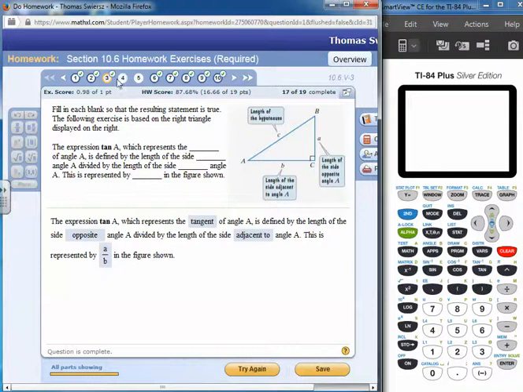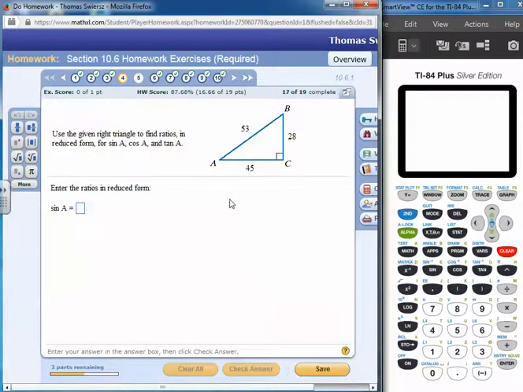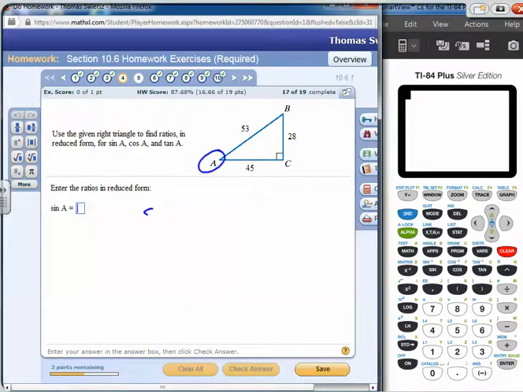All right, let's look at number 4. Use the given right triangle to find the ratios in reduced form. Sine of angle A. We locate angle A. Sine of angle A is the side opposite over the hypotenuse.